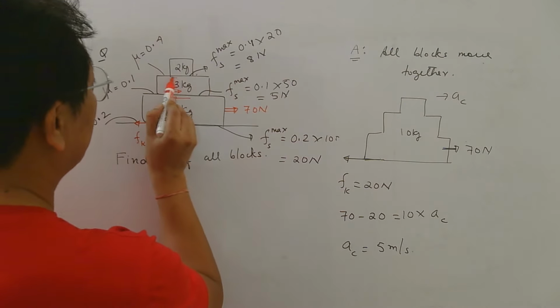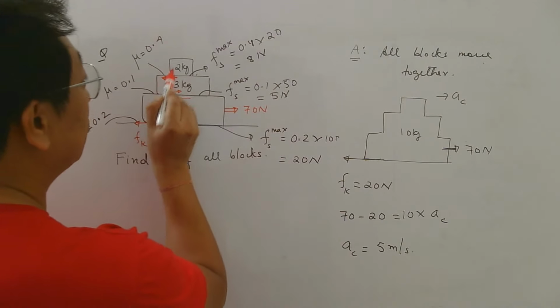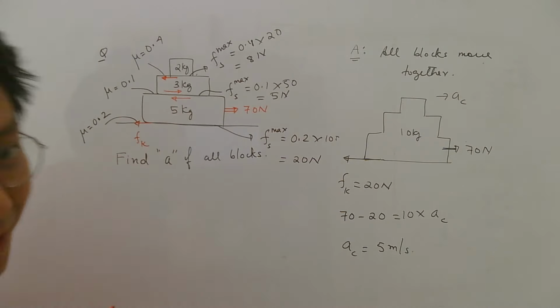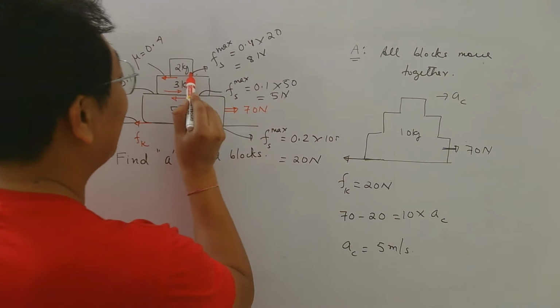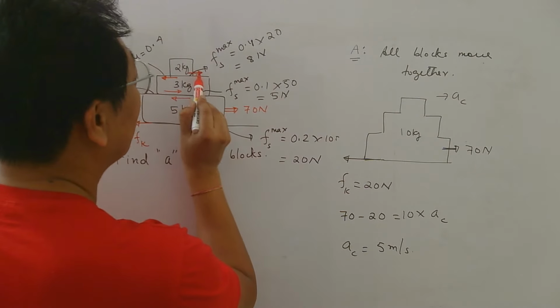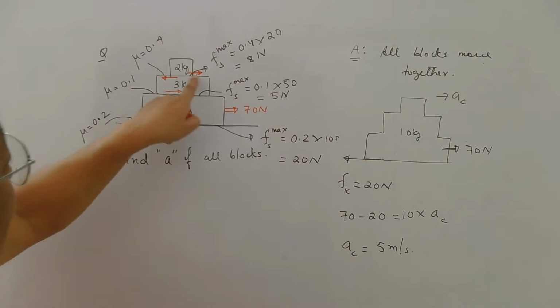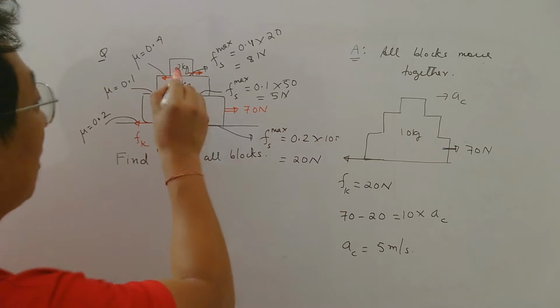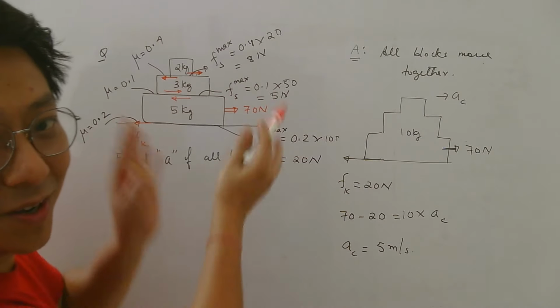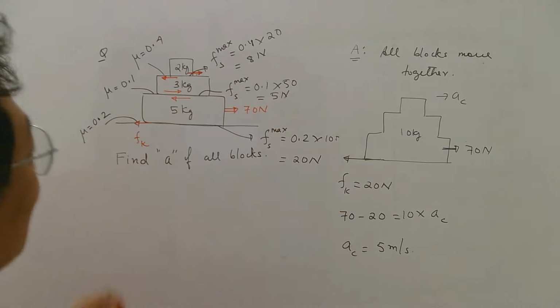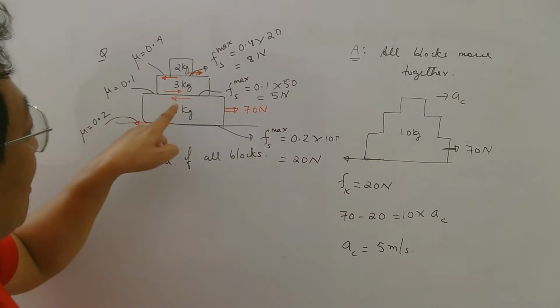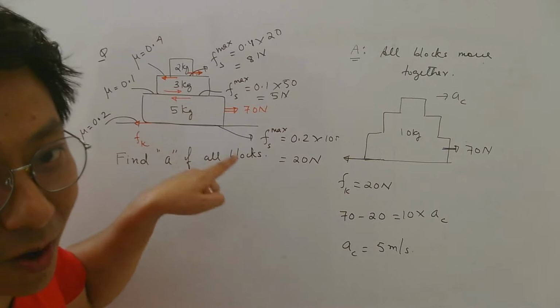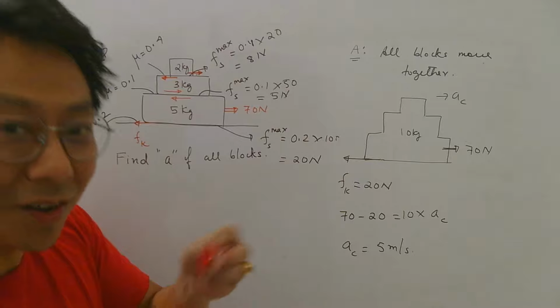So friction on 3 kg will be this side. This is due to whom? This is due to the 2 kg block, right? And reaction of that will act on 2 kg block this way. So these are the arrows showing the friction. Okay, I'm not writing F there because already I have written many things, right? So try to understand these arrows represent friction on the blocks by the other block in contact.